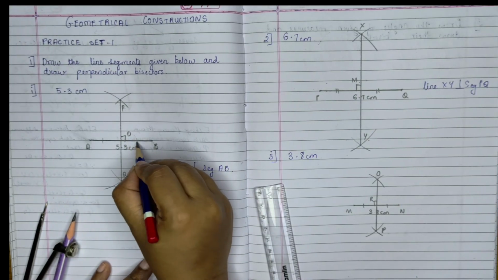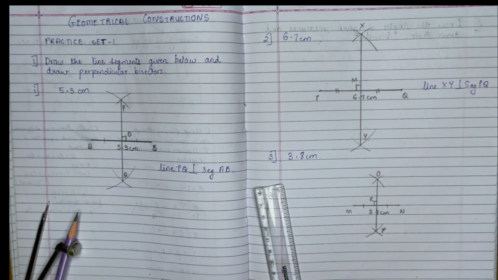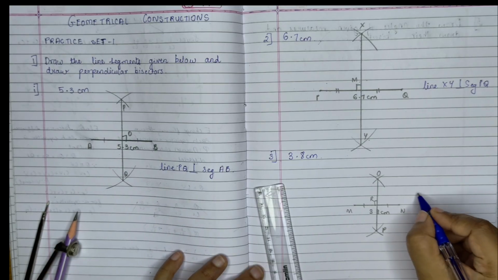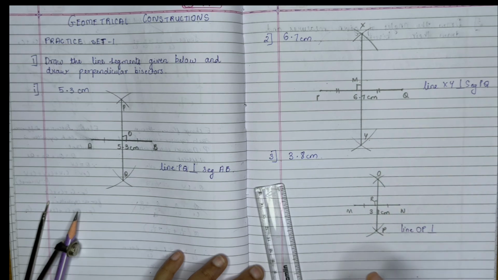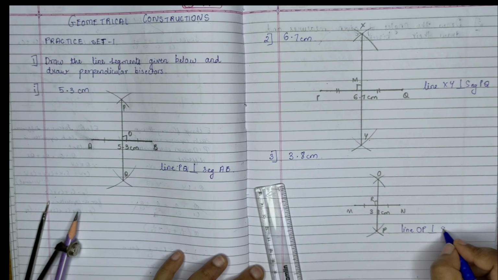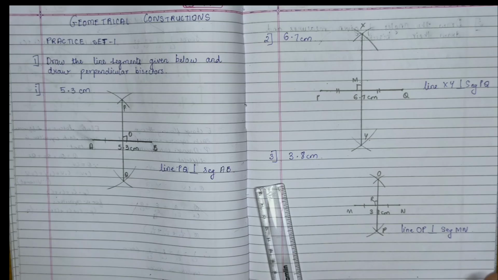Here also this and this side is equal. Understood? So we have finished the first part of it.